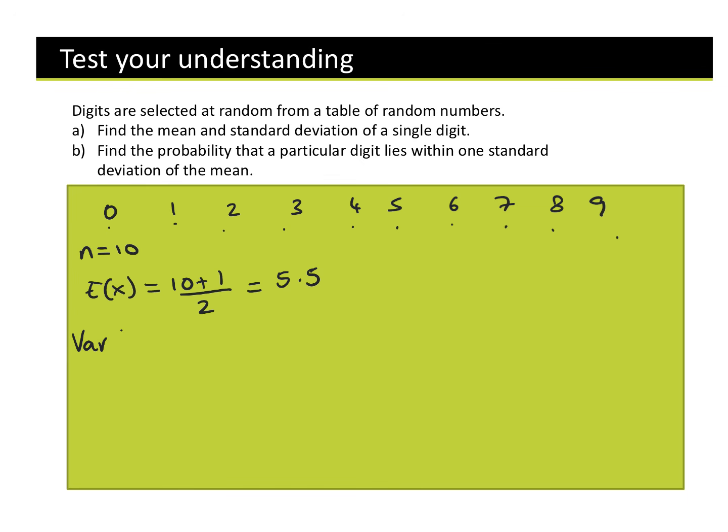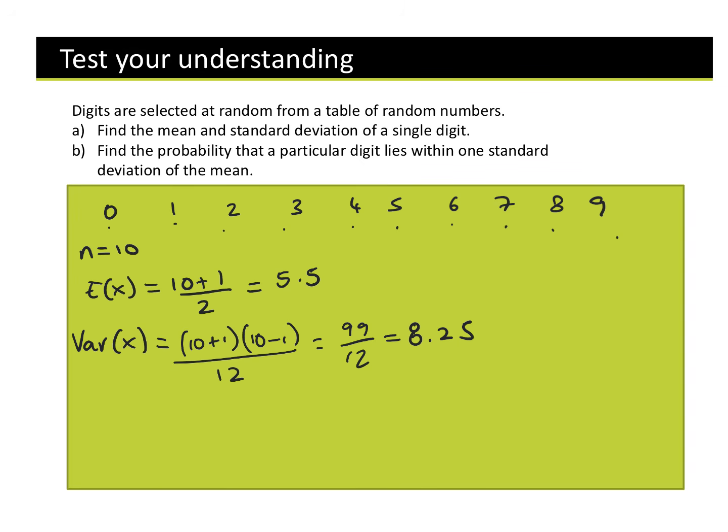And then our variance is going to be n plus 1 multiplied by n minus 1 over 12. So we're going to get 11 times 9, which is 99, divided by 12, which is 8.25.